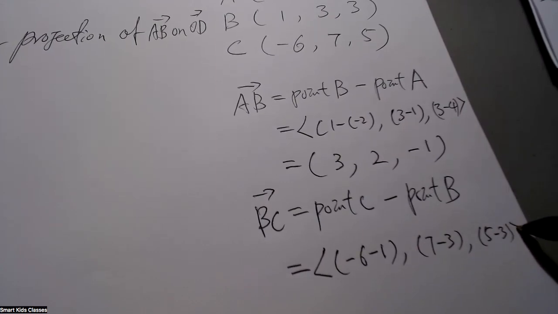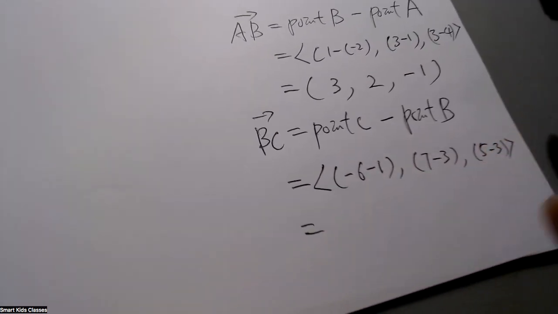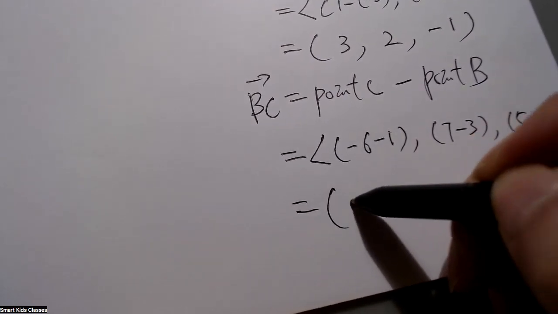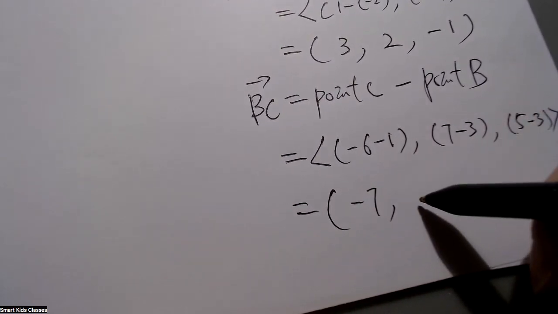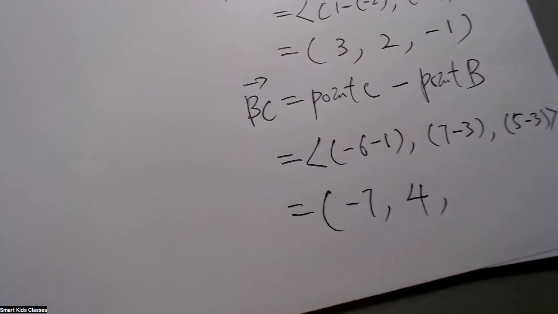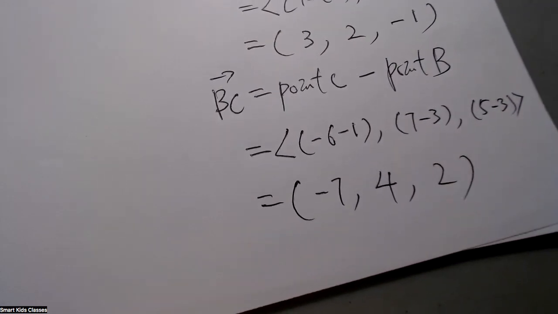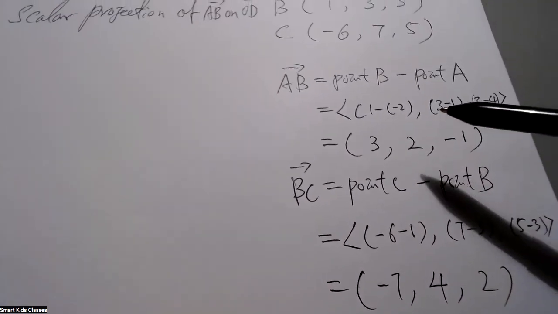Now we write vector BC. We get -7, 4, and 2. Now we are ready to do the calculation.